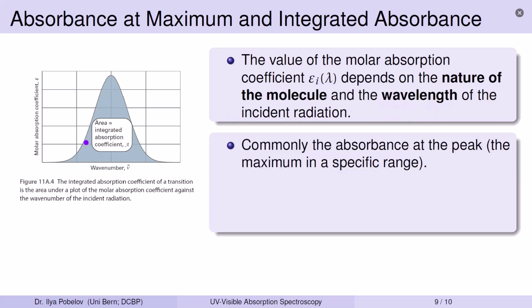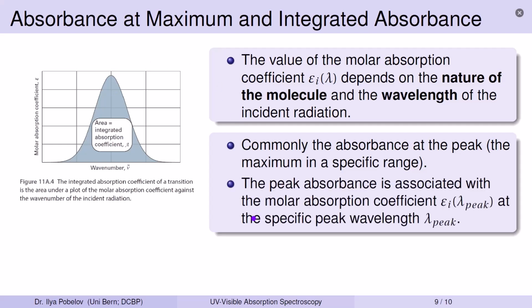When analyzing an absorbance spectrum, it's common to measure the absorbance at the peak, which represents the maximum absorbance in a specific wavelength range. This gives a quick indication of the most prominent absorption feature. The peak absorbance is associated with the molar absorption coefficient at the specific peak wavelength.